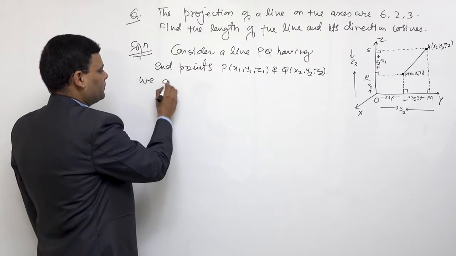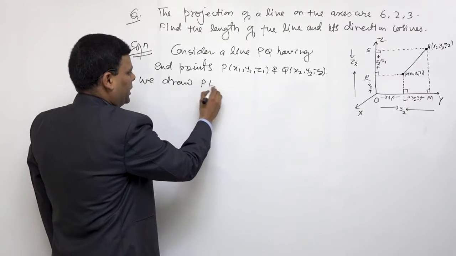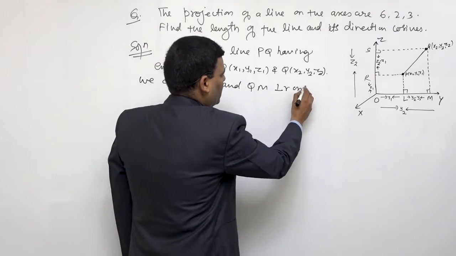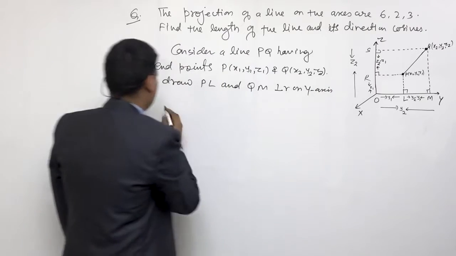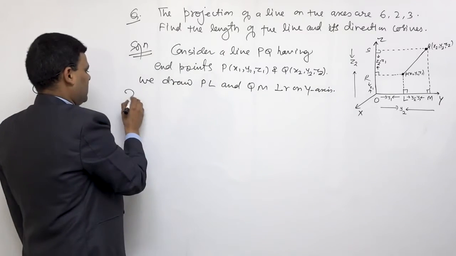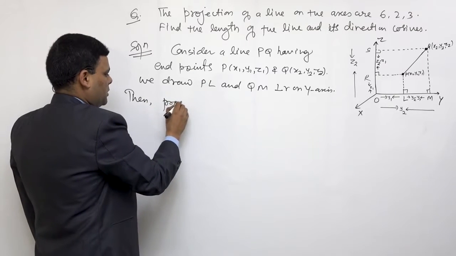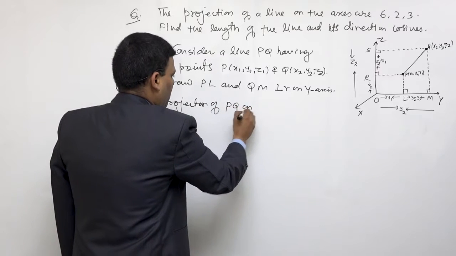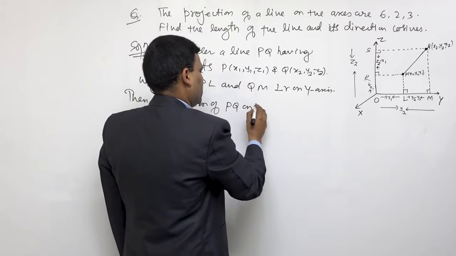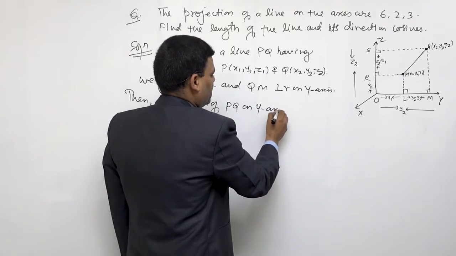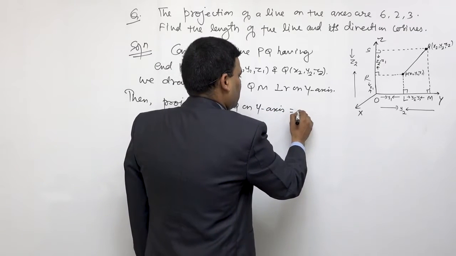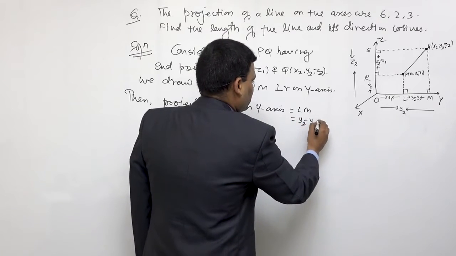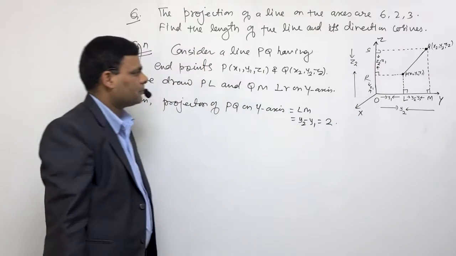We draw PL and QM perpendicular on the y-axis. Then the projection of PQ on the y-axis equals LM equals y2 minus y1, which equals 2, as given to us.